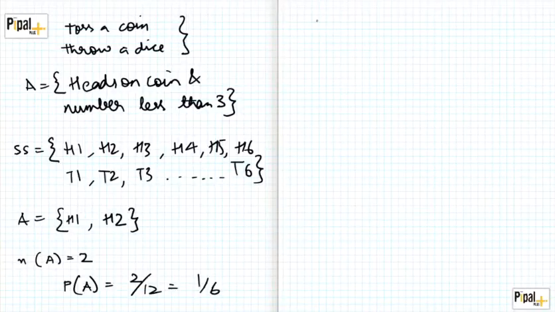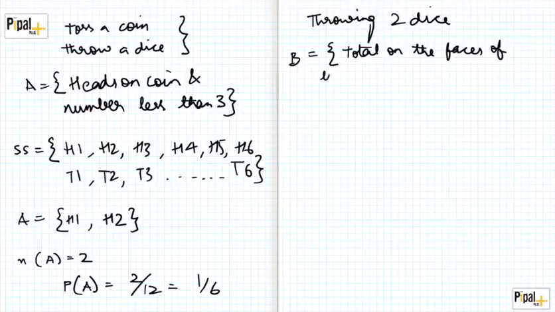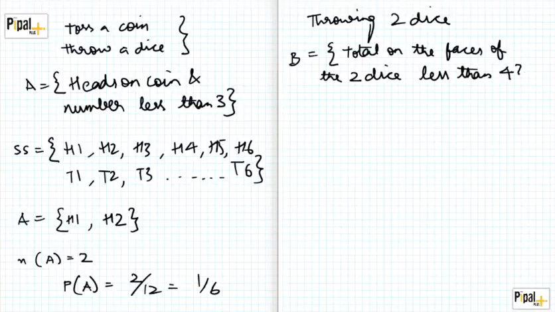Likewise, we could also define this for, let's say, the throw of 2 dice. So we define the experiment of throwing 2 dice, and let's define an event B such that the total on the faces of the two dice is less than 4, right?